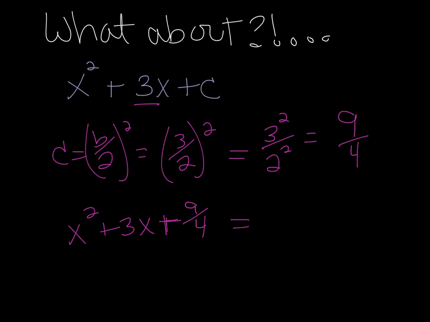When you factor it, it's just as easy as before. You're starting with x. If your equation has two plus signs, then it's going to be a plus. If it were a minus here, then it would be a minus in your factor. And then thinking about, okay, what two numbers multiply to 9/4 and add to 3? Well, 9/4 is 2 1/4. 3/2 is 1 1/2.